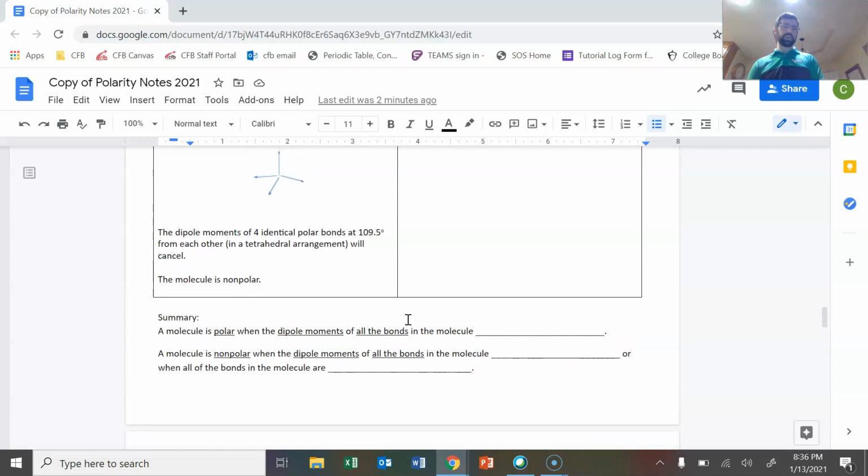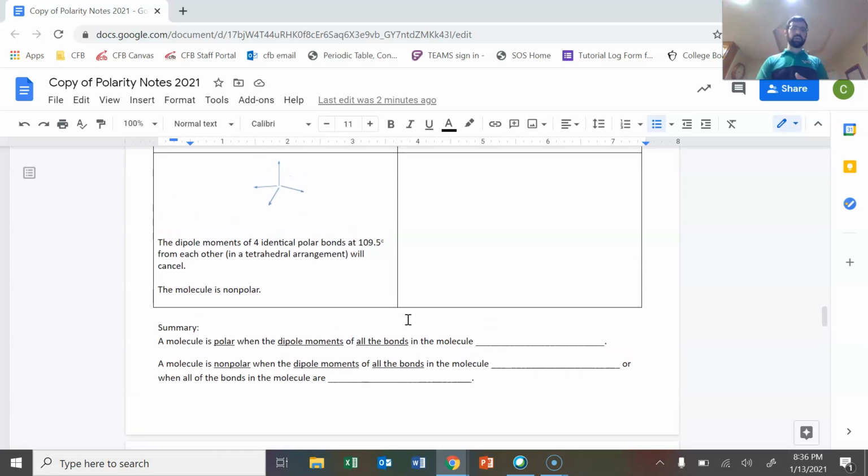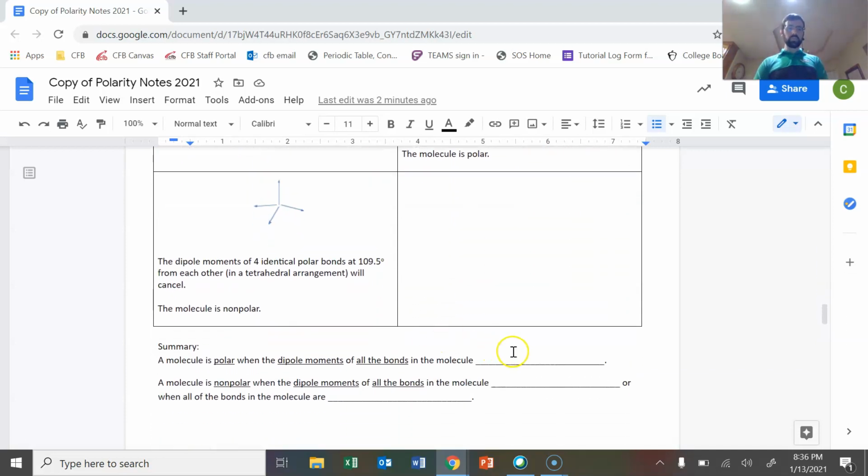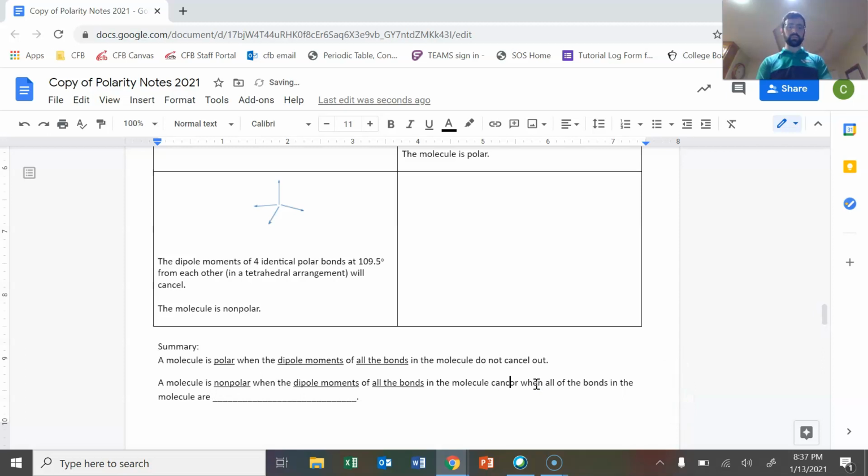So we kind of got a summary down here of what you can maybe deduce from looking over this. A molecule is polar when the dipole moments of all the bonds in the molecule do not cancel out. But a molecule is nonpolar when the dipole moments of all the bonds in the molecule cancel out, or when all the bonds in the molecule are nonpolar.